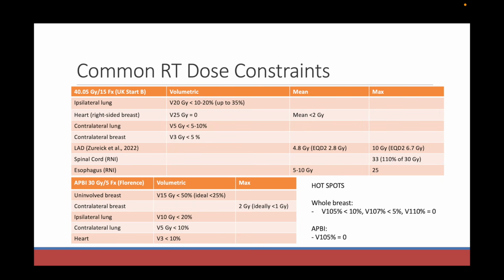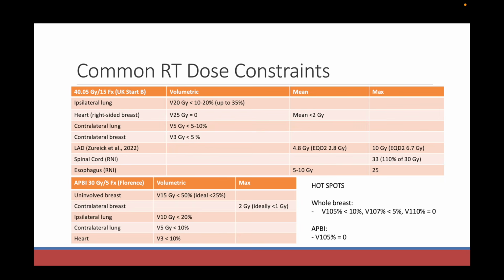And the regimen I use for that is the UK START B regimen of 40 gray in 15 fractions. And important constraints from here, as far as your hot spots, you want your V105 less than 10%, V107 less than 5%, and V110 to be 0. And then ipsilateral lung, you want your V20 gray to be less than 10 to 20%.